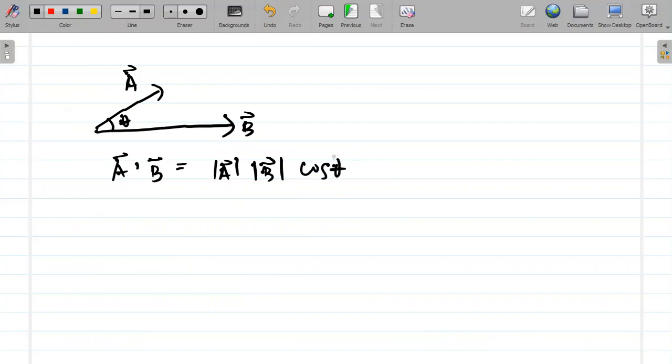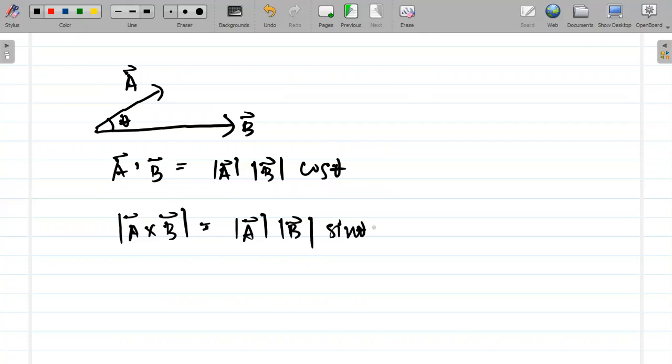So, yan yung ating usual na dot product. Ang magnitude naman ng ating A cross B, that is AB sine theta. So magnitude lang to class, walang direction itong natin, itong may sine theta.